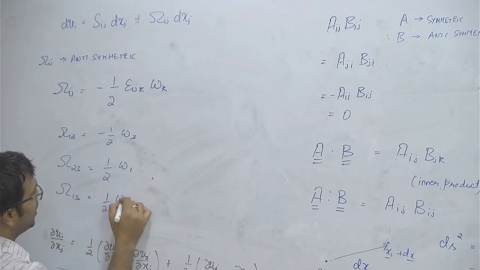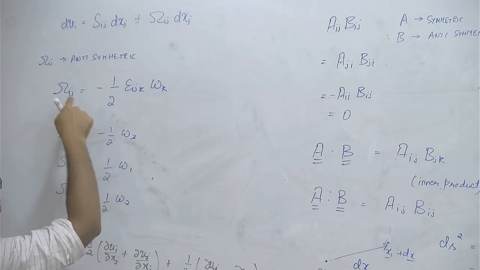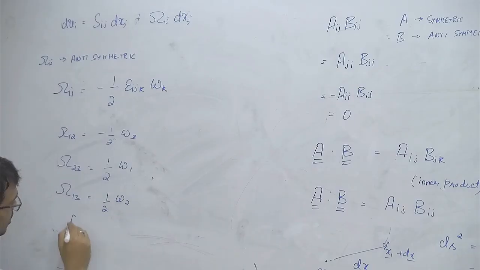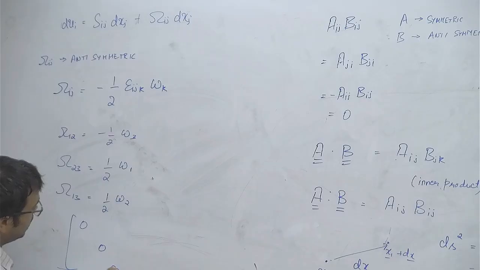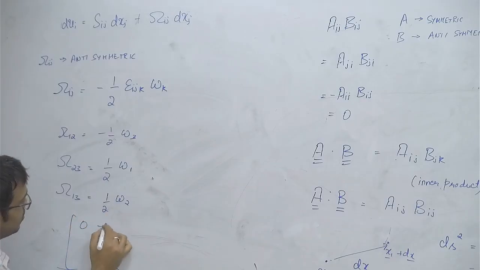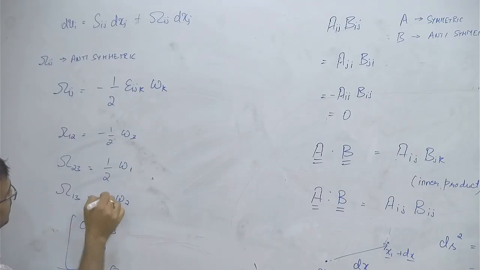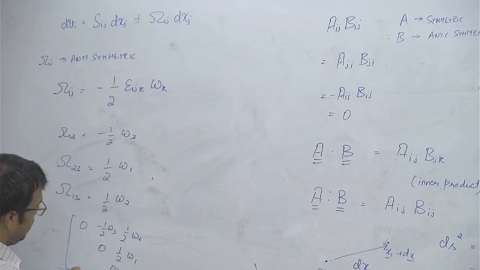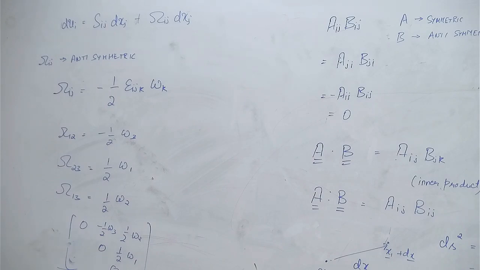Half of omega 2. So basically what I am saying is, let us write this anti-symmetric tensor in matrix form. If you think about it, let us write it like this. So some minus half of omega 3, half of omega 2, half of omega 1, and then the negative of these. Whatever values of these omega 1, omega 2, omega 3 are, we don't care.